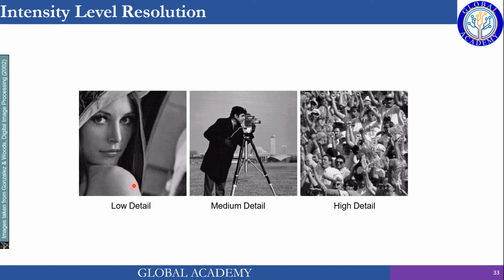In short, a low detail image is okay with low spatial resolution. It's like low details, medium details, high details. So with high detail, it is better to save the image or form the image with more pixels along the x-axis and more pixels along the y-axis.